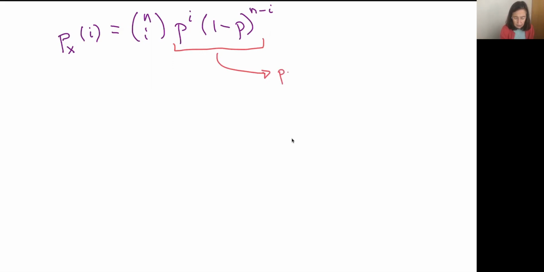This is the probability of I successes followed by n minus I fails.